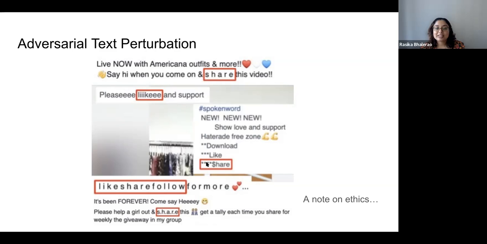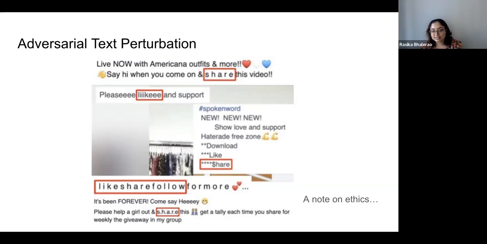In this third example, they've replaced the S in share with a $ sign, and they've also added stars before. This last example at the bottom is like the first example, but they put periods between the letters instead of spaces. So these are all perturbations to avoid being detected for artificially inflating their engagement.